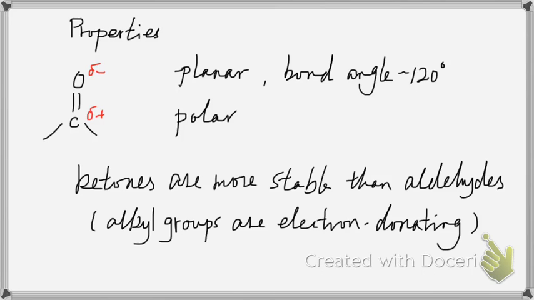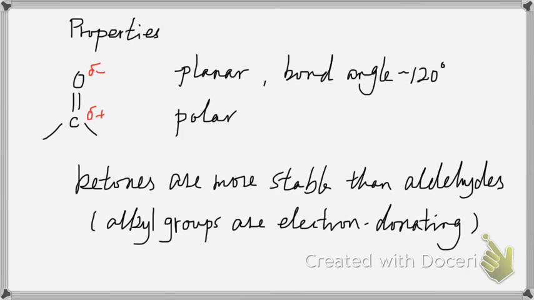For the same reason, alkyl groups are electron donating, so they can help to stabilize the partially positively charged carbonyl carbon. As a result, ketones will be more stable than the aldehydes. That's the electronic reason. Ketones are more stable than aldehydes because alkyl groups are electron donating.